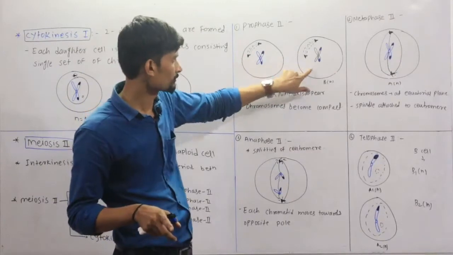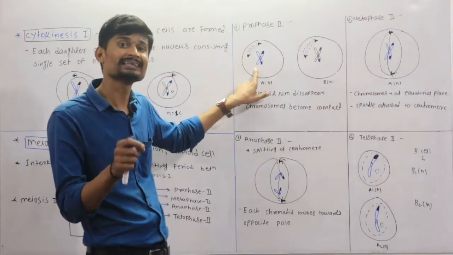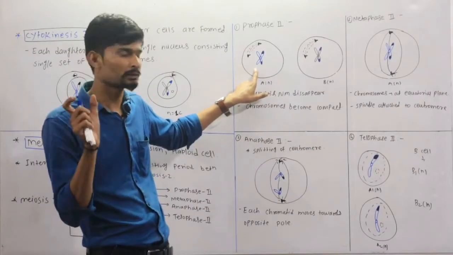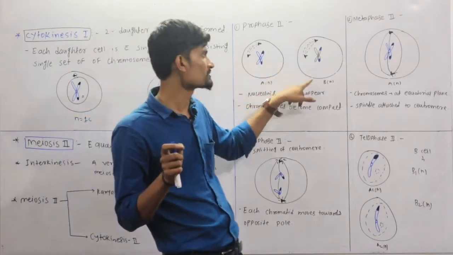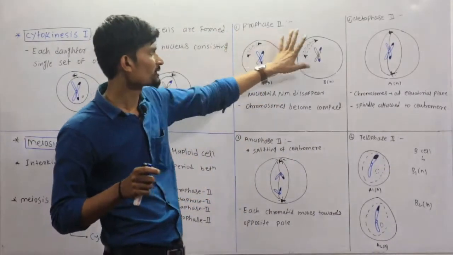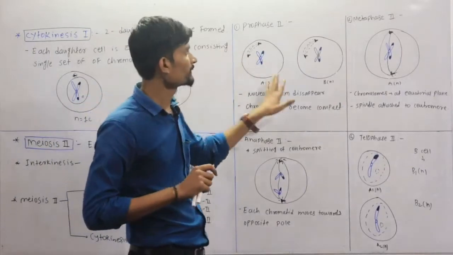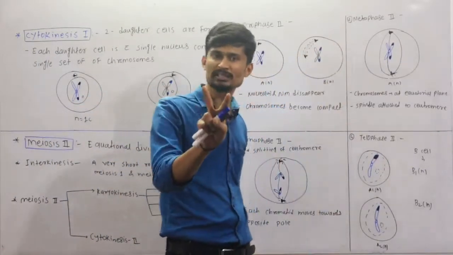So one chromosome in A cell and B cell. For our understanding, we are remembering the color: A cell has a blue chromosome, B cell has a black chromosome, and both these chromosomes have exchanged chromatid material.